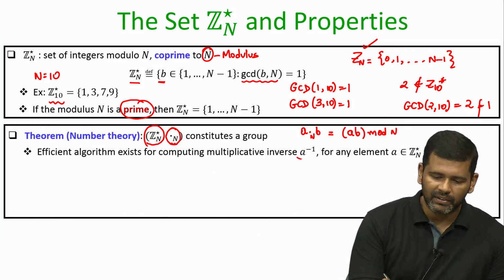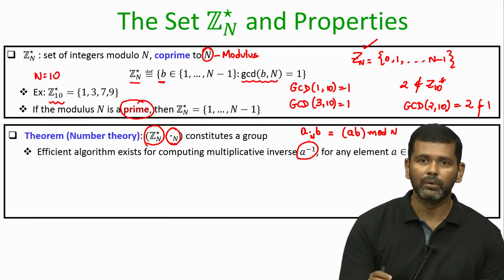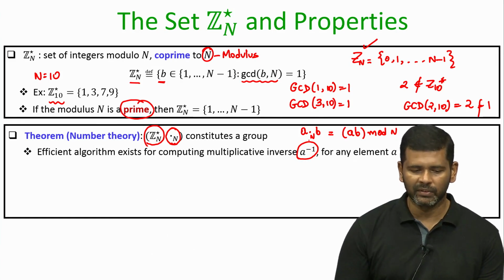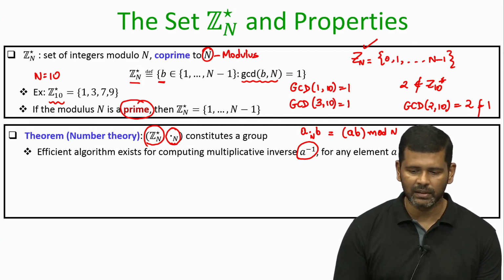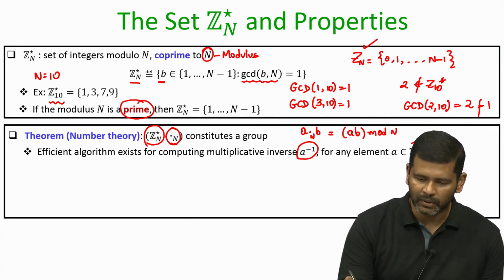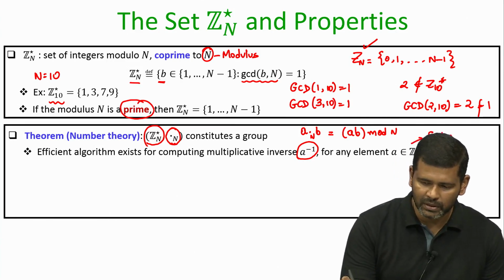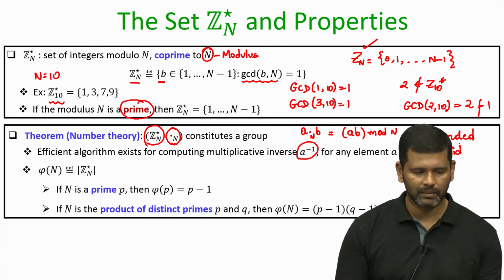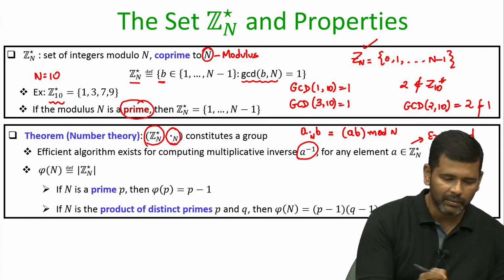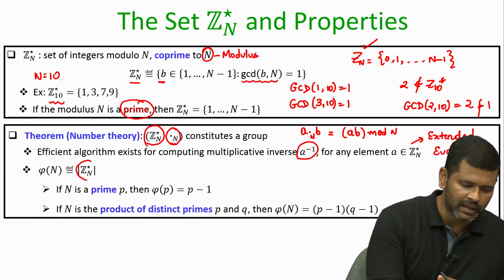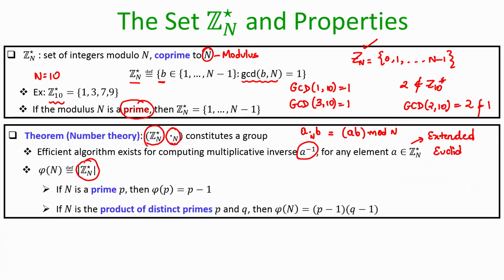And we do have efficient algorithms to compute what we call the multiplicative inverse of any element from the set Zn star, namely the extended Euclid's algorithm. We also have some nice properties regarding the cardinality of the set Zn star, namely how many integers are relatively co-prime to the modulus n.